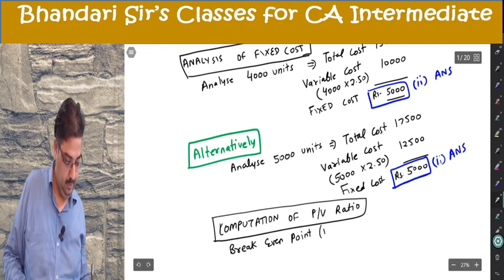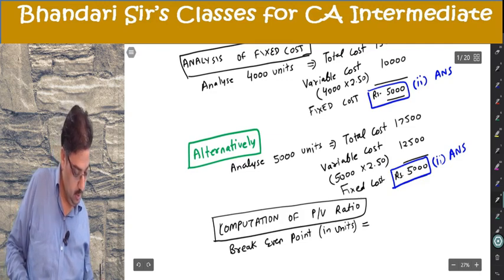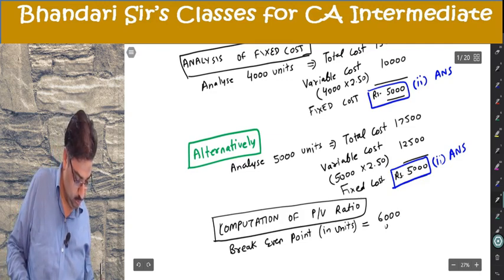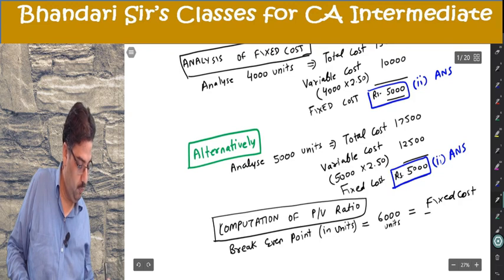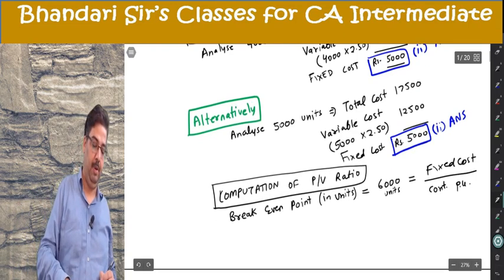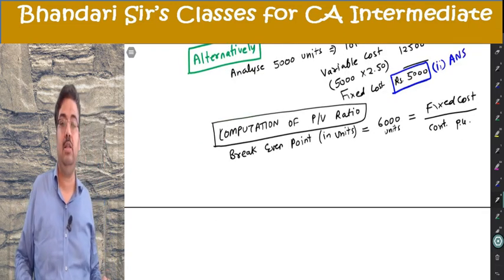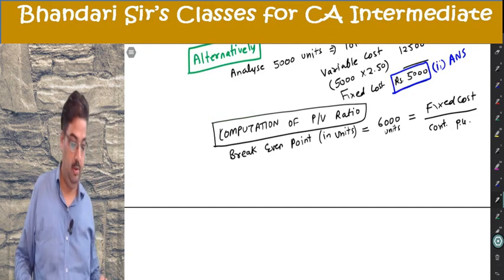Break-even point in units is equal to 6,000 units, which should be equal to fixed cost divided by contribution per unit.